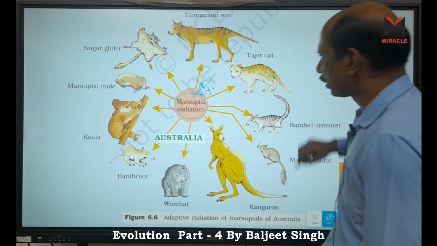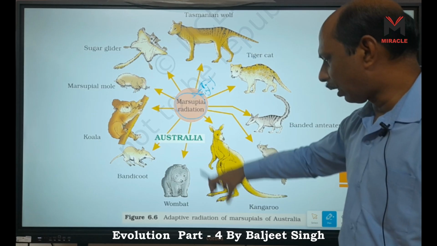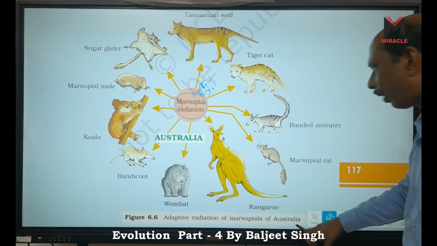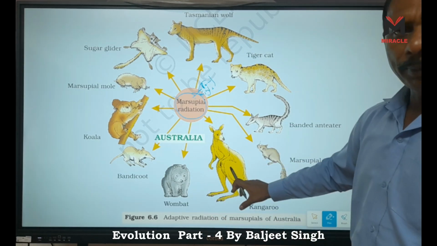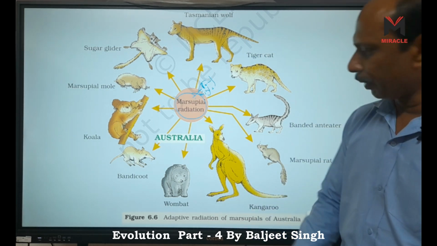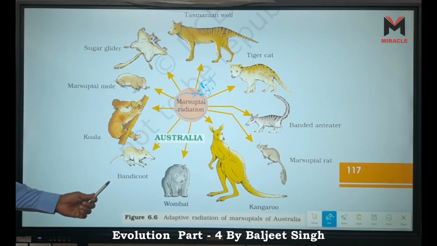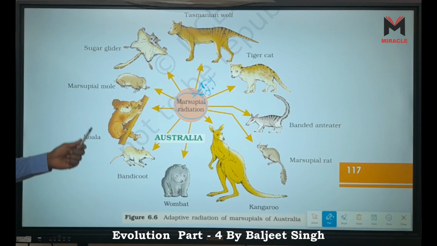Different types of marsupials are formed. You have to read all these names. These are the adaptive radiation of marsupials of Australia. Kangaroo, everyone knows this type. Australia is also famous for kangaroo because kangaroo is present only in Australia, right? Wombat, bandicoot, koala, right?